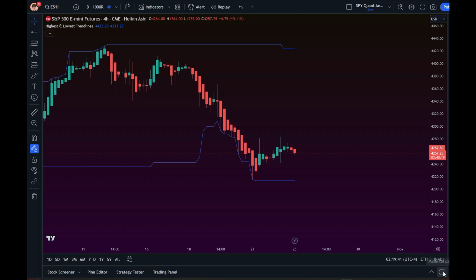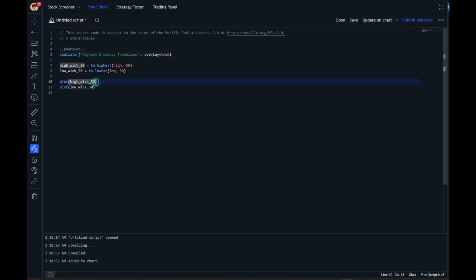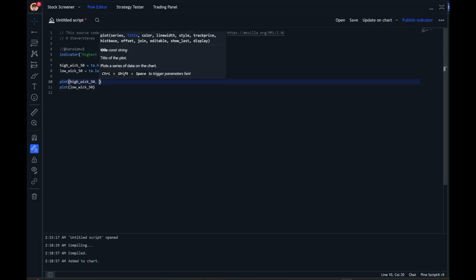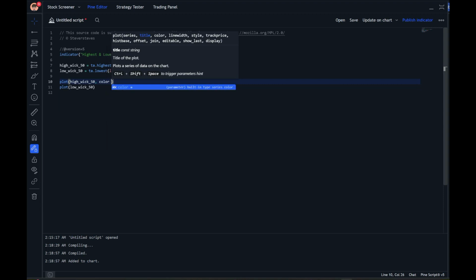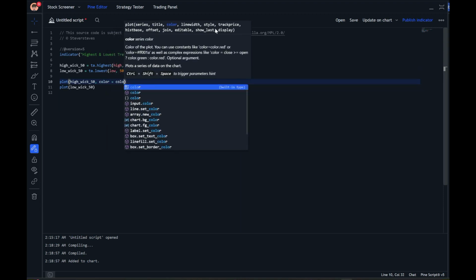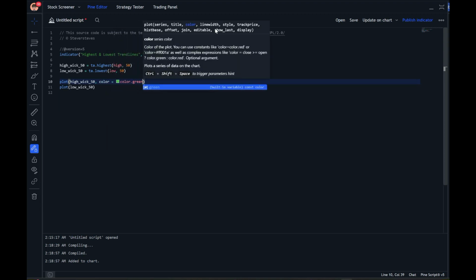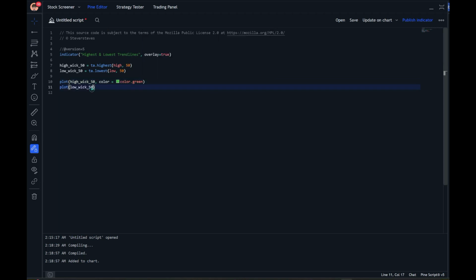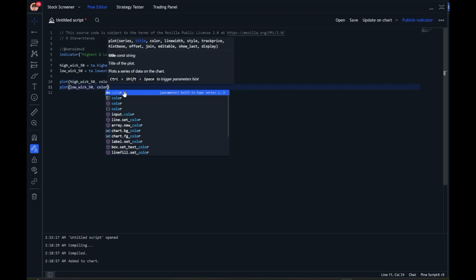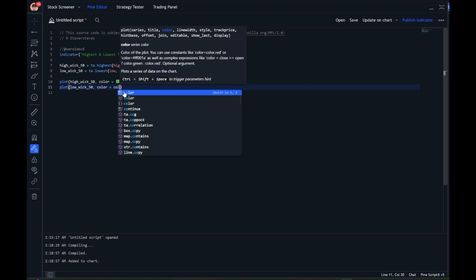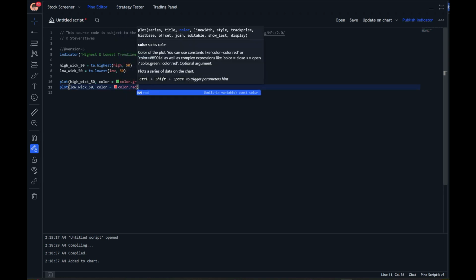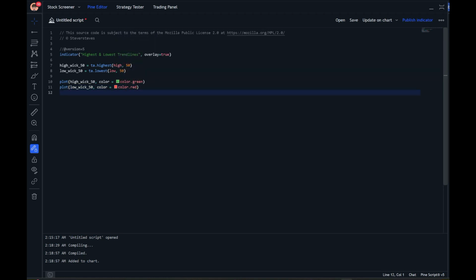Now we can make them a little fancier, and we can change the color. So color equals color.green for our high, and color equals color.red for our low. So we can spice it up.